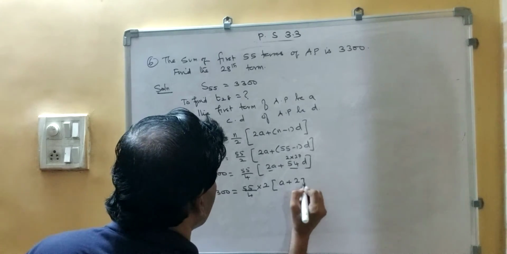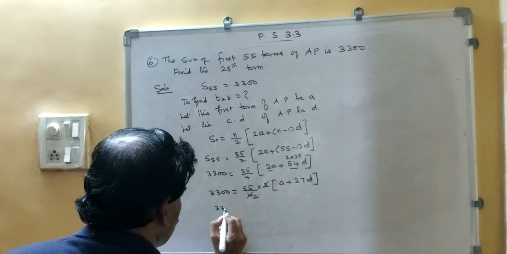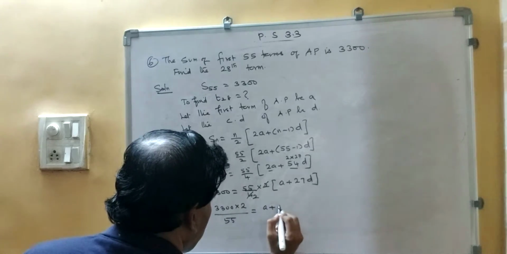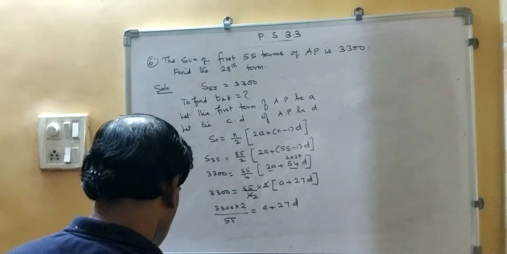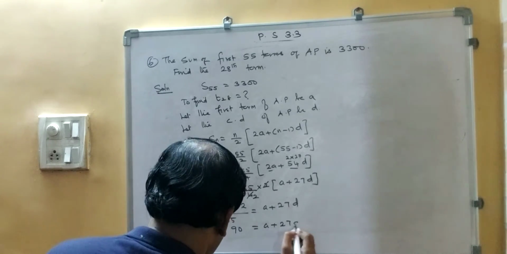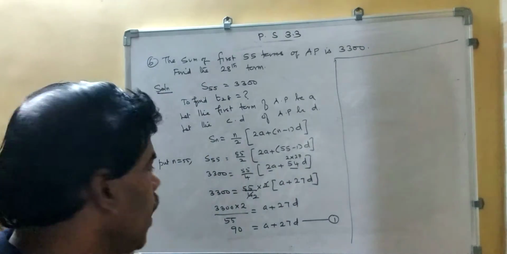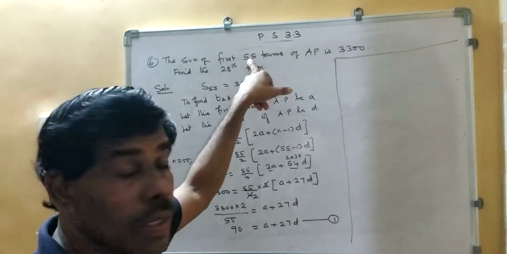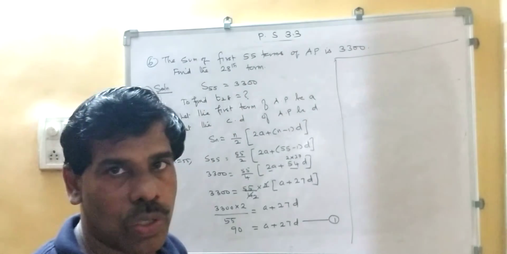So, 2 we will take it out. A plus 27D. So, 3300 into 2 upon 55 equal to a plus 27d, which is equal to this. If you simplify, you'll get 60, a plus 27d. This is equation number 1. See, this answer we got by using the given information. What is the given information? Yes, S55 equal to 3300.